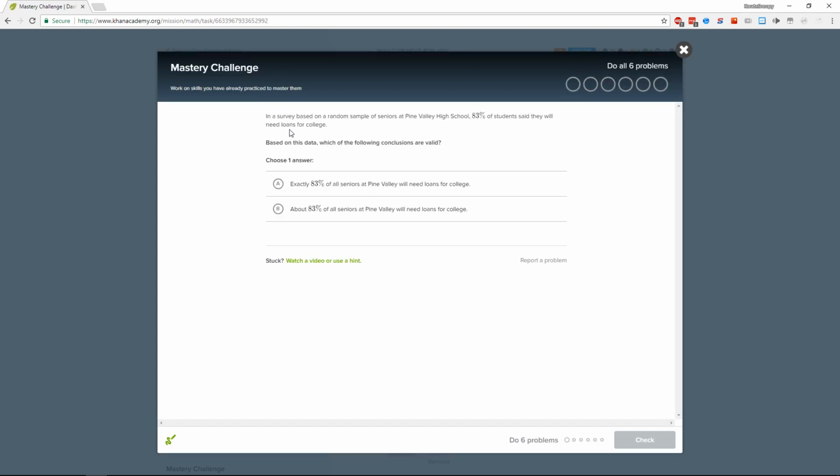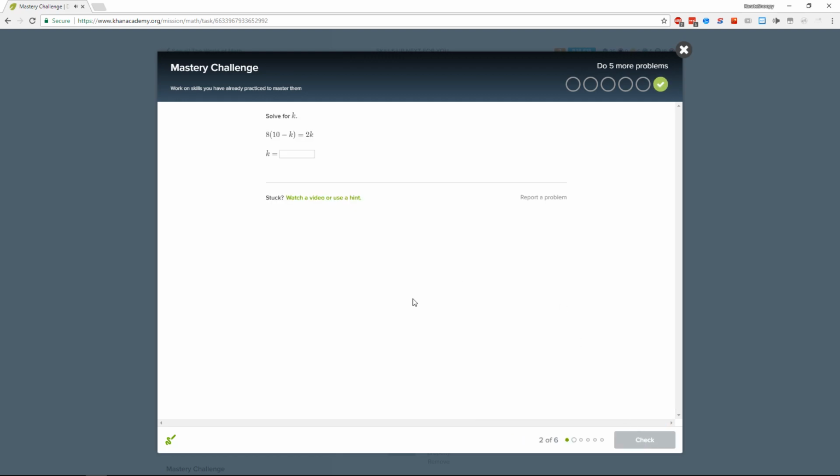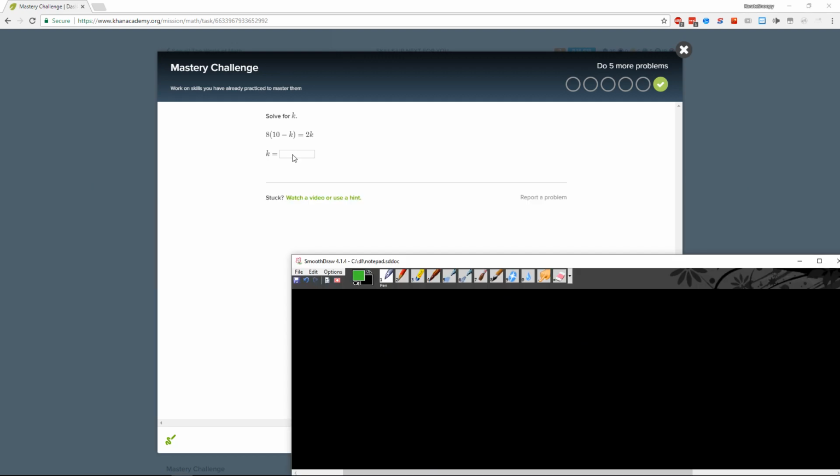In a survey based on a random sample of seniors, 83% of students say they will need loans for college. Solve for K. 80 minus 8K equals 2K.